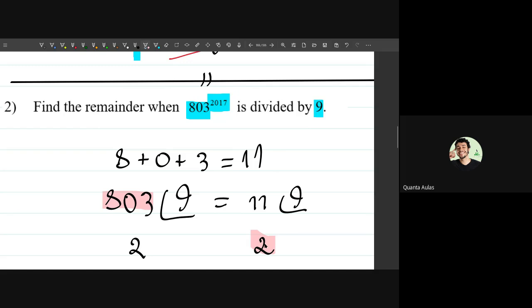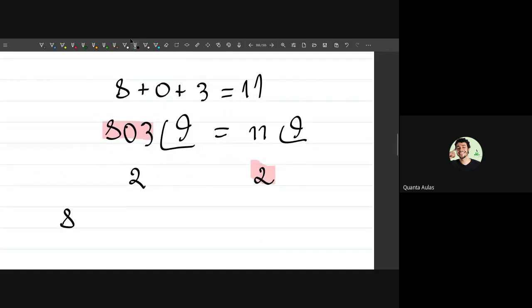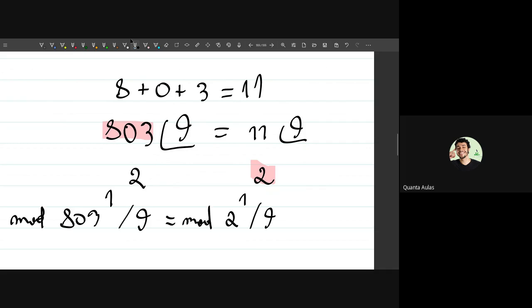I will show you. For us, working with 803 to the 1121 divided by 9 will be the same as working with 11 to the 1121 divided by 9. The rest, in English we say mod, will be the same thing.